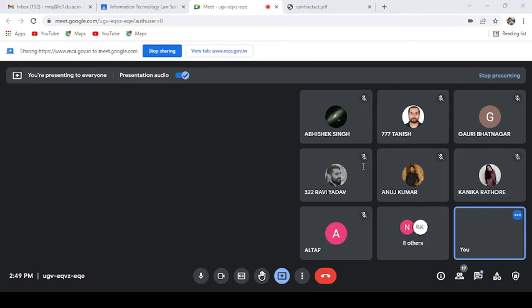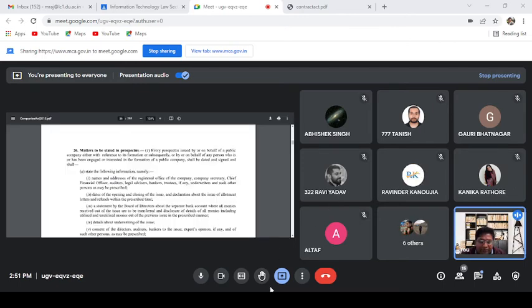That means the public offer that requires the prospectus is only in case of the public company. Then it may be at the formation or subsequently. So this prospectus can be at the time of formation, and later also whenever the company needs it, accordingly it can be done.